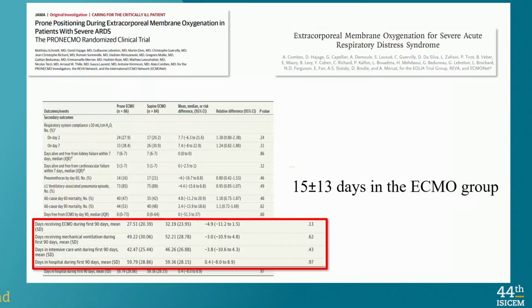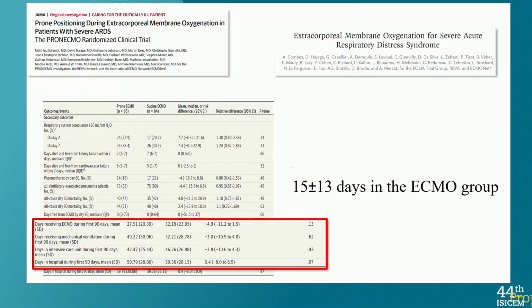And we know that these very severe patients on ECMO with COVID-19, especially during the Delta variant, had a very, very prolonged ECMO duration and a very long stay on mechanical ventilation. You see more than a month on mechanical ventilation, nearly 1.5 months in the ICU, and nearly 2 months in the hospital. And this is not classical.